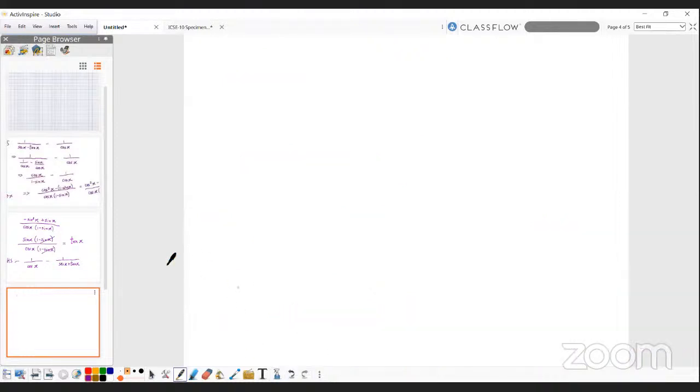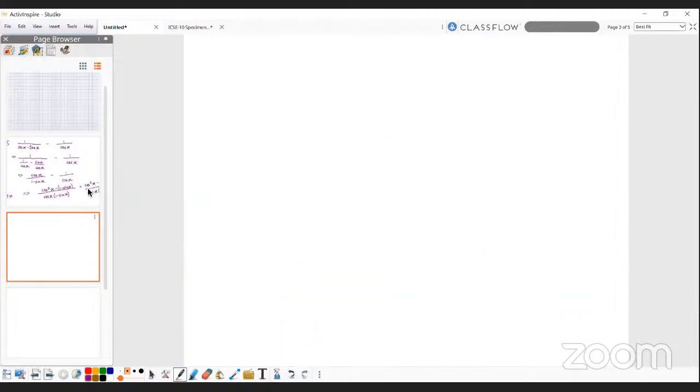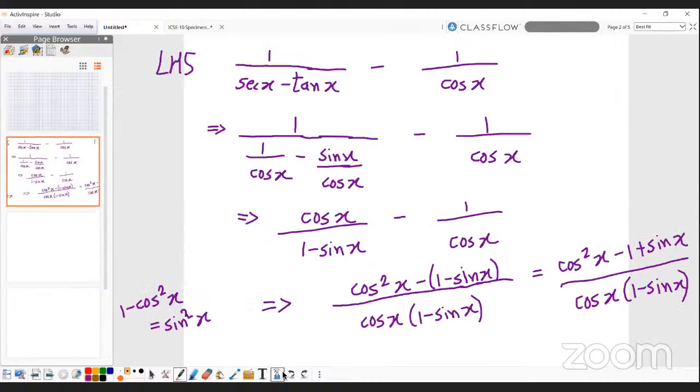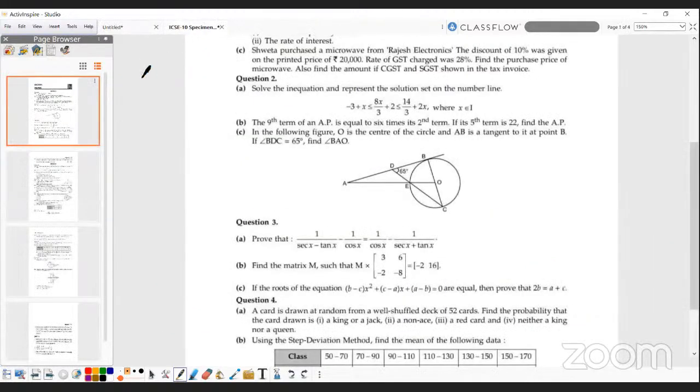Sir, yeah, you are asking something. Yes, sir. I was asking, does doing this sum make sense for just 3 marks? Because LHS has to be solved, RHS also has to be solved, because proof is required. For 3 marks it takes so long, it took me 5 minutes. Yes, actually this should have been for 4 marks.